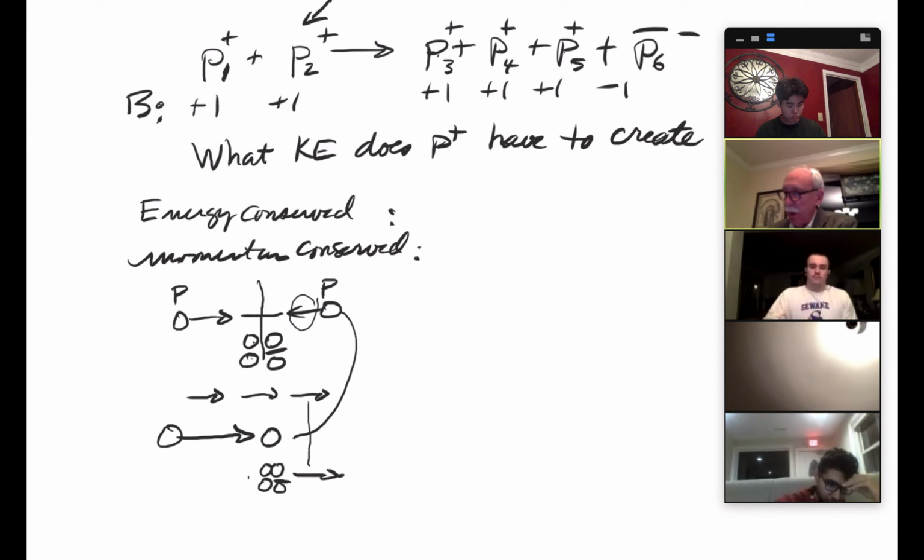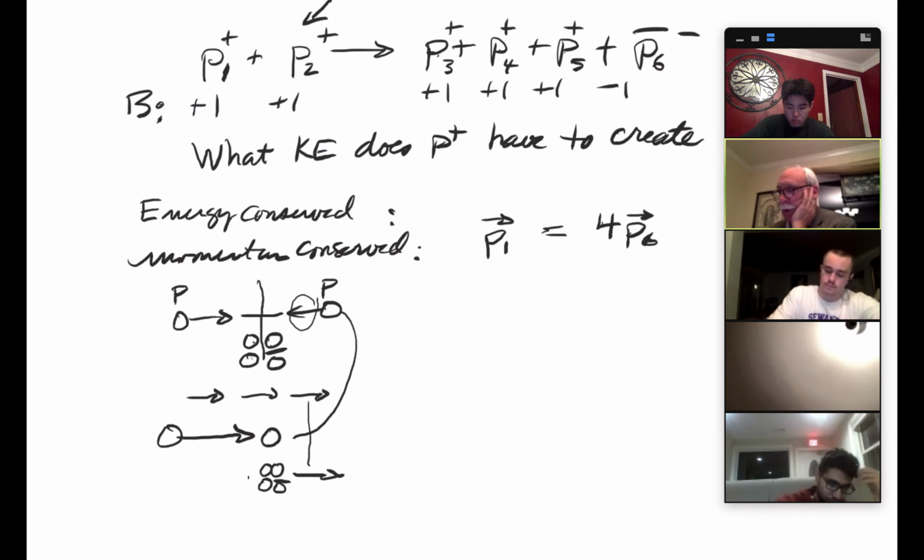We'll be moving to the right. So the momentum conservation is the momentum of number one. Number two is at rest. It's got to equal 4 times the momentum of the product. So let me just say the momentum of number 6 is the example. Those two momenta have to be equal. And since they're moving in the x direction, we could just say the x and remove the arrows. We'll just be dealing with the magnitudes.